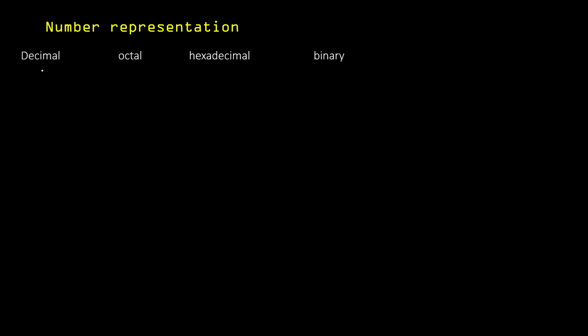In decimal, these are our normal numbers: 0, 1, 2, 3, 4, 5, 6, 7, 8, 9, 10 and 11 and so on. So decimal numbers are of base 10. For octal numbers, we are going to use base 8.